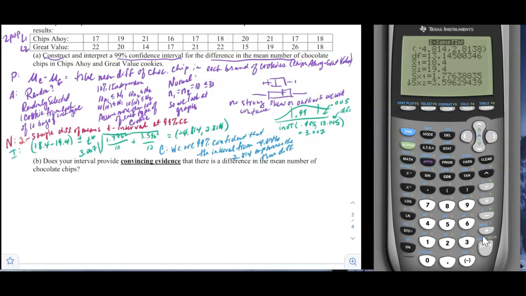And then we go back up to here and write this back in, the true mean difference of chocolate chips in each brand, whatever they said in the beginning, okay?